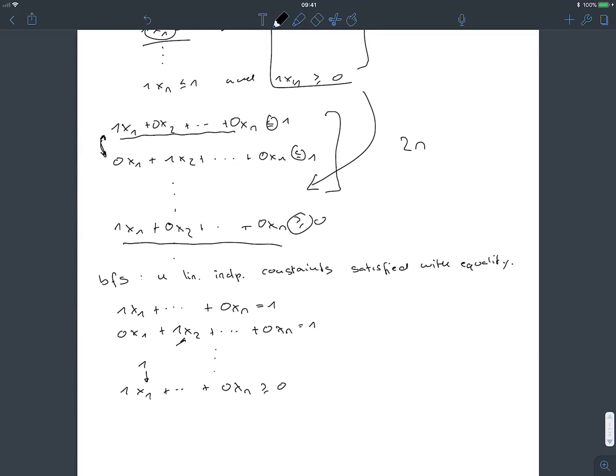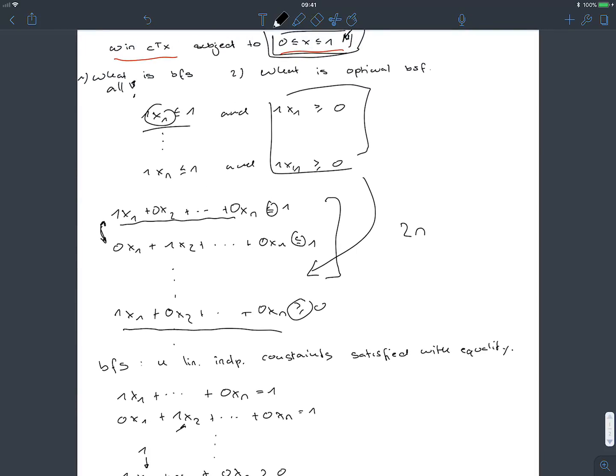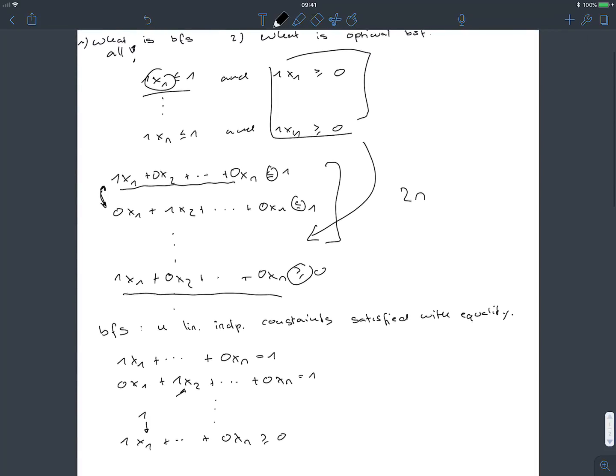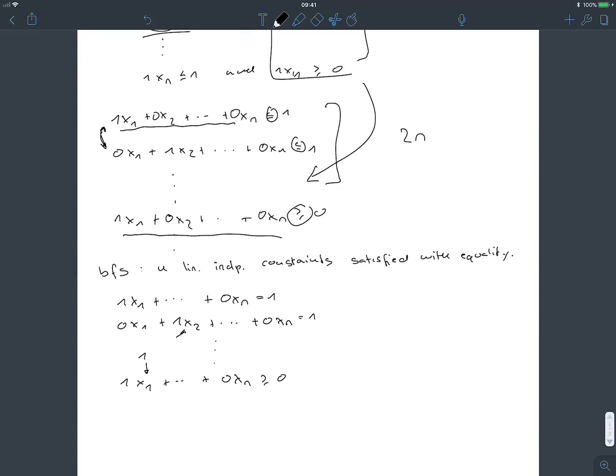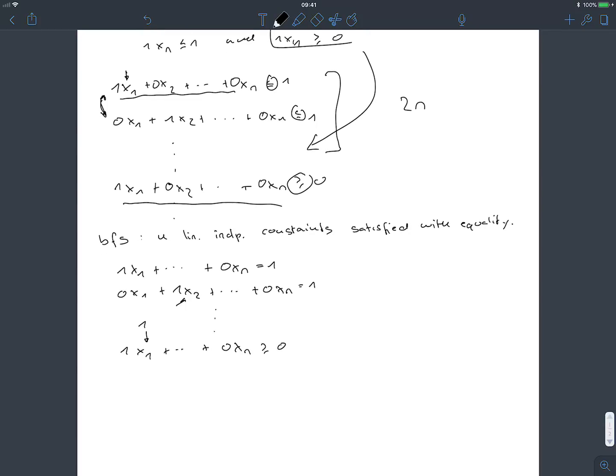Now we want all BFS, right? So since we can input for each xi 0 or 1, and it will always be true, and we want all of them, we can only input 0 or 1, right?